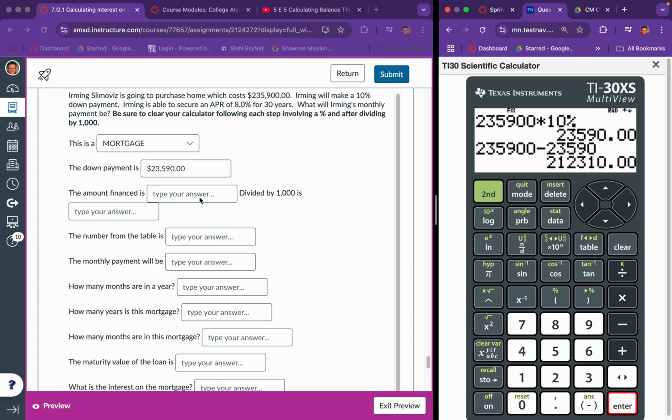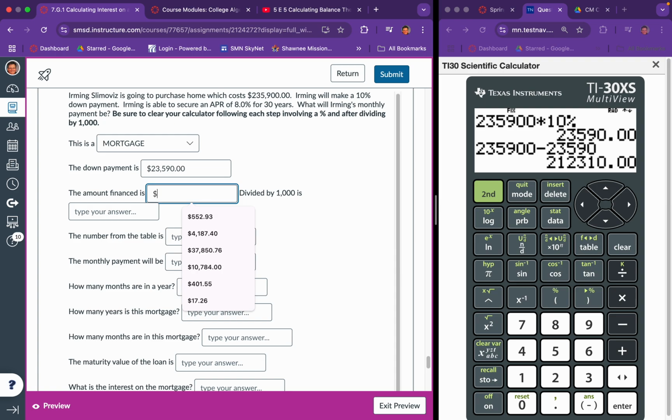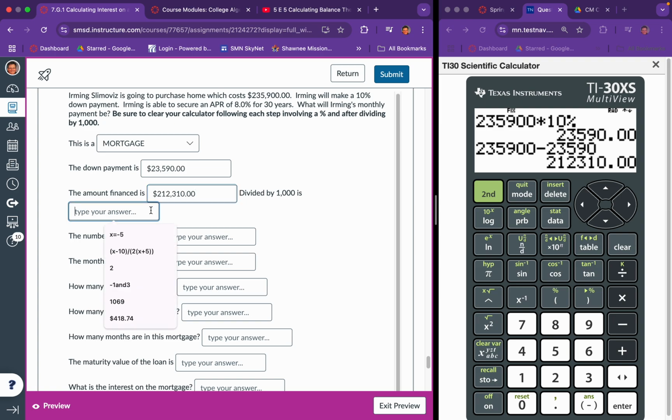That gives us $212,310.00. When we divide that by 1,000, it's just like moving the decimal over, so it'd be 212.31.